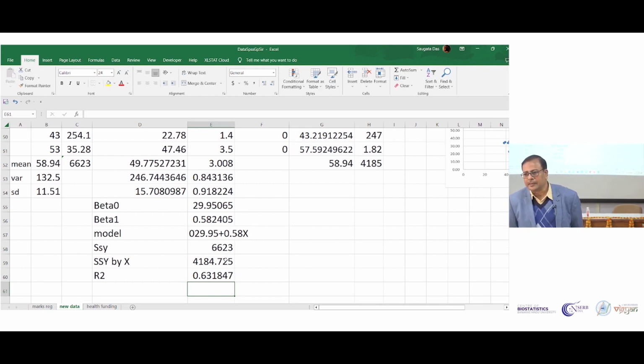To test it we use t-test and f-test for r square, treating it as r square is 0.